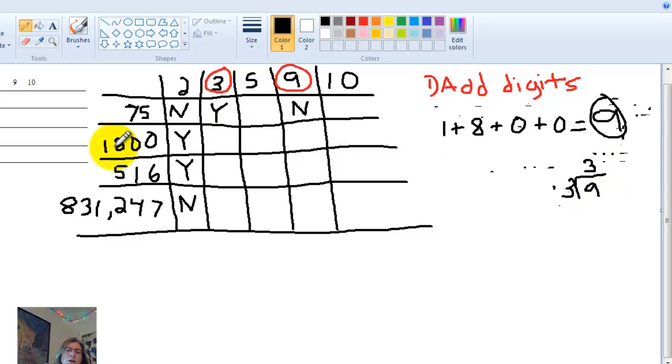So yes, the whole number 1800 is divisible by 3. Then you ask yourself the same question, does 9 go into 9? Because now we're looking to see if this whole number 1800 is divisible by 9. It's the same rule, you add the digits, and we got 9, so now we're going to question, does 9 go into 9? Well, of course it does, one time. So then this big number 1800 is divisible by 9.